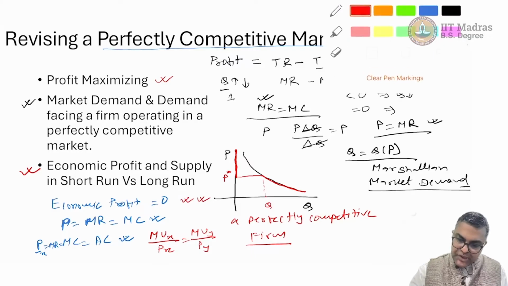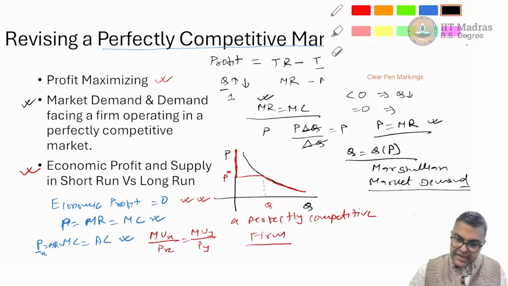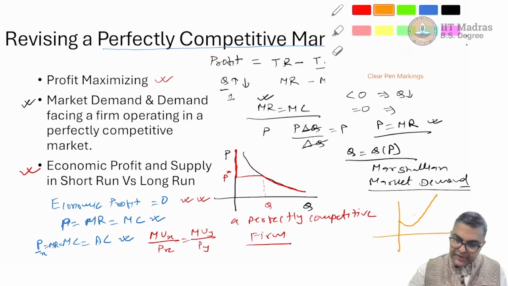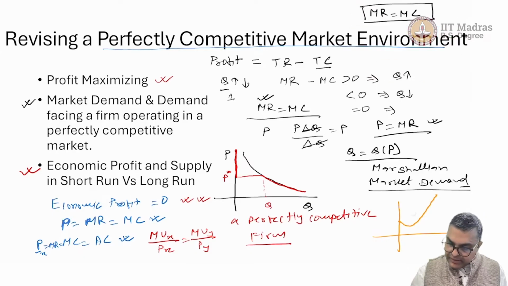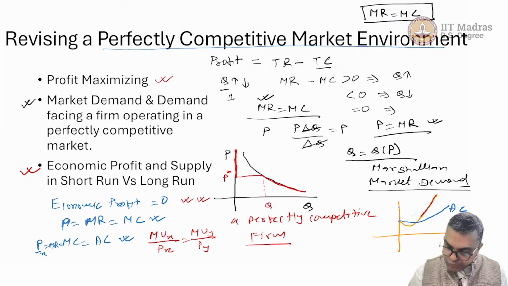And we have also figured out that in the short run the supply curve is the upward sloping part of the marginal cost curve that lies above the average cost curve. Let us say this is the marginal cost curve, and this is the average cost curve, then the supply curve is going to be this upward sloping part that lies above the average cost curve.